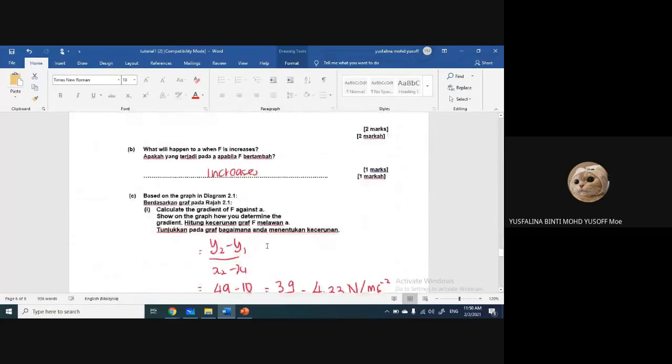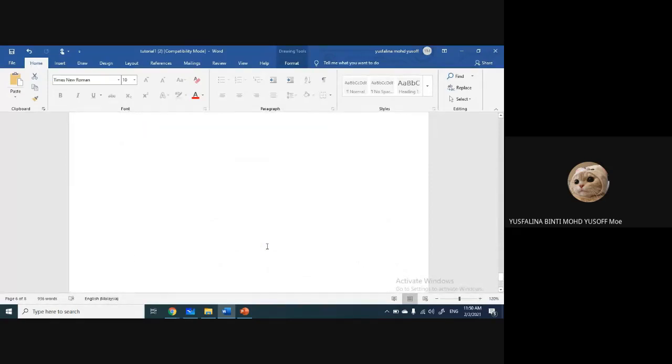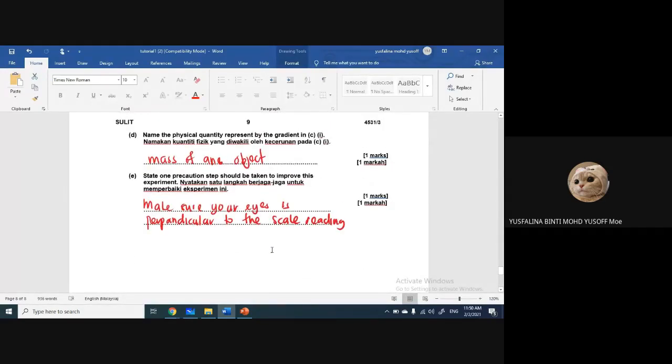So meter means you have to use a meter ruler. So here, make sure your eyes are perpendicular to the scale reading of the meter ruler. This part I underline because you have to fill it in on your own, depending on the experiment that you did. Okay, so make sure your eyes are perpendicular to the scale reading of the meter ruler.